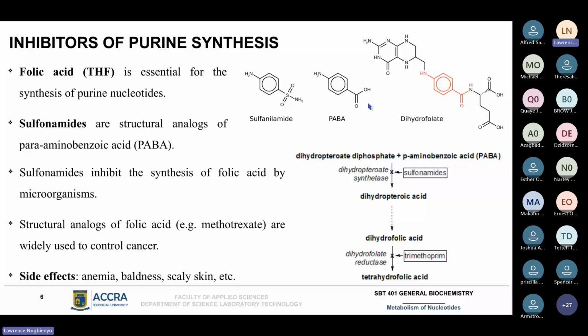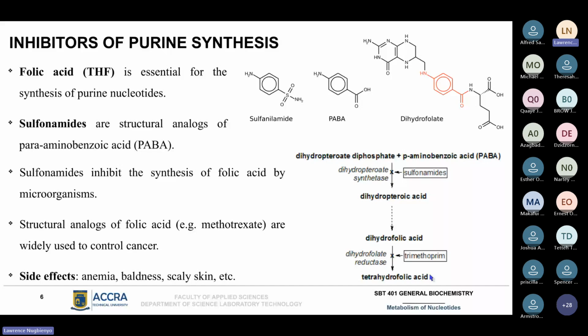Now, if we look at the process of synthesis of the folic acid, which we see on the right-hand side below, we have the para-aminobenzoic acid reacting with dihydropteridine diphosphate. And the reaction continues to the end where you have the formation of tetrahydrofolic acid.